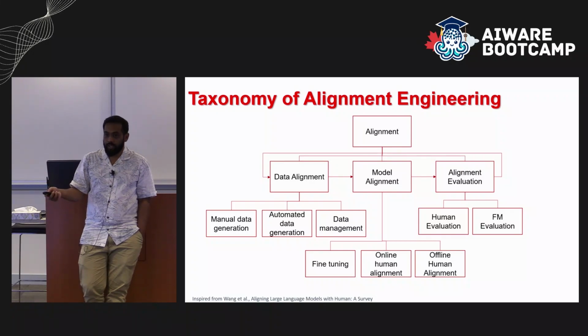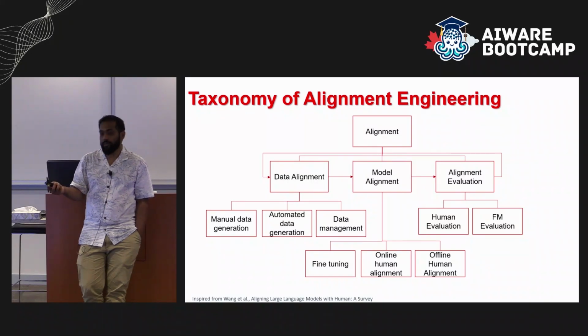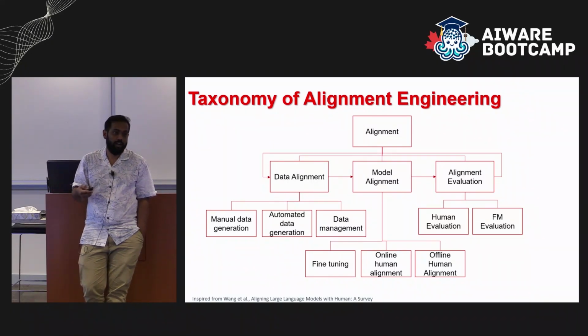So data alignment is a group of methods that allows us to collect the right kind of information for the task that we have at hand. And model alignment is a set of techniques that helps us teach the model about the data that we have for a specific purpose. Alignment evaluation is the methods through which we evaluate how well our model has learned, or how well our model is aligned now.